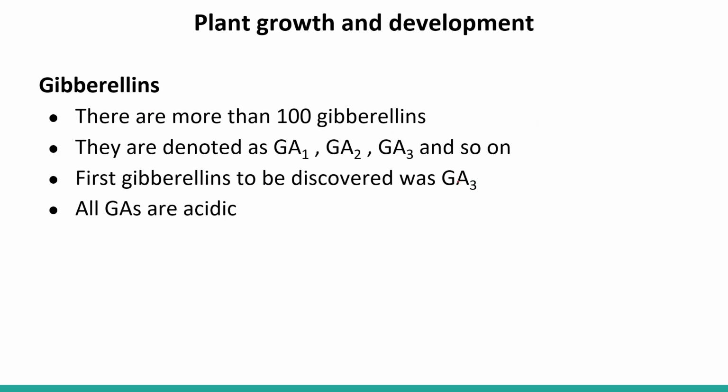Now let's talk about the next hormone, which is gibberellin. More than 100 gibberellins have been discovered till now, and they are denoted as gibberellic acid 1, 2, and 3, and so on, till gibberellic acid 100. The first gibberellin discovered was GA3.